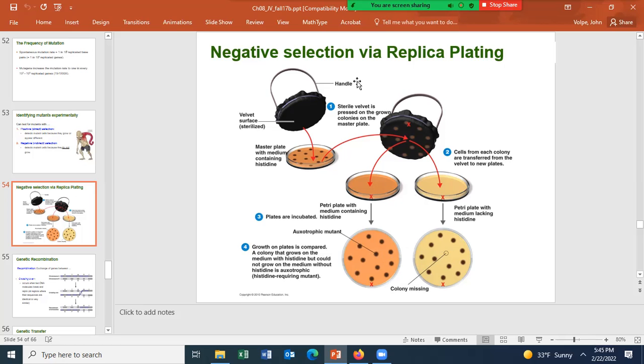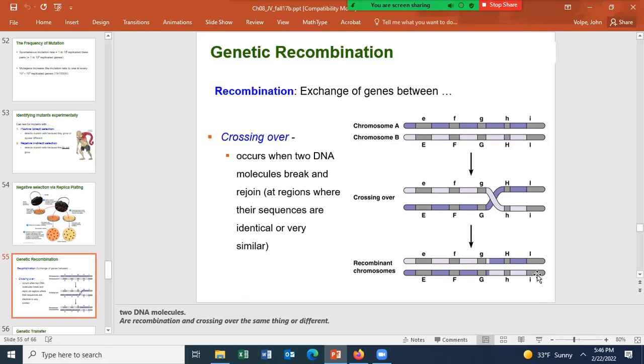This is negative selection for mutations, where we're identifying mutation because it's not growing. Any question about any of that? All right, if not, let's move on.